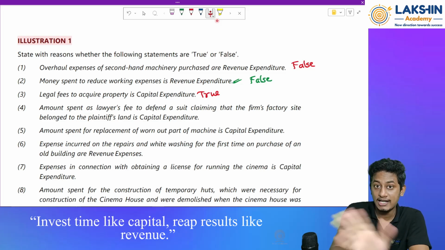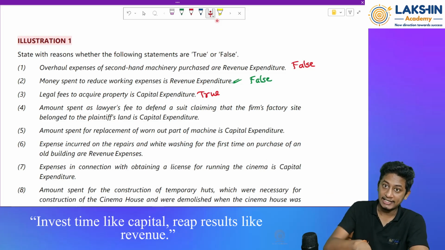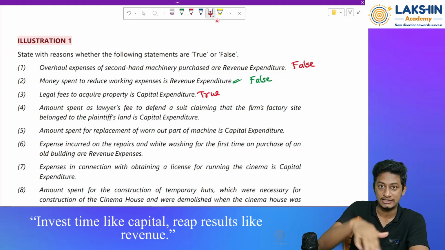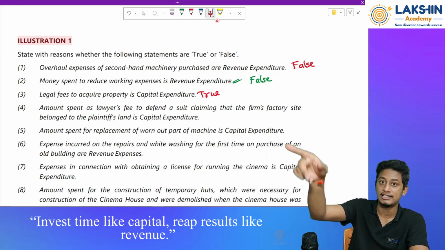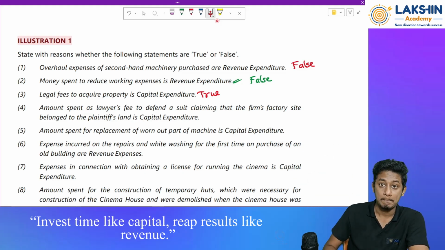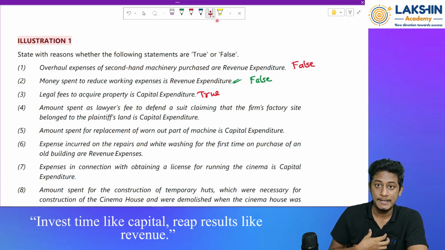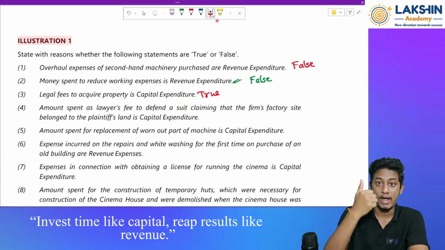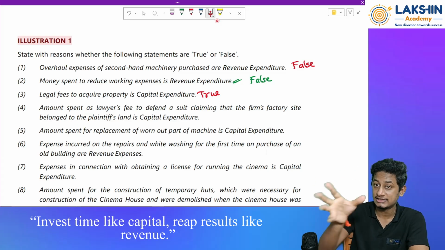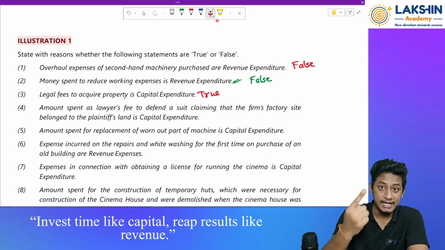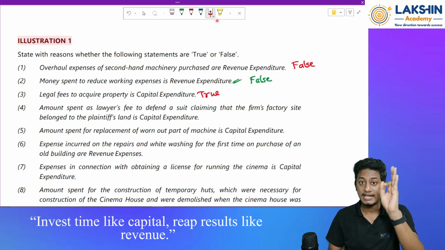I am not acquiring the land. I have the land. On that land, someone is filing a case after 3 or 4 years, saying that the land belongs to him. Now tell me, is the expense incurred to acquire the asset or to maintain the asset with me? It is incurred to maintain the asset, so it will be a maintenance expense.